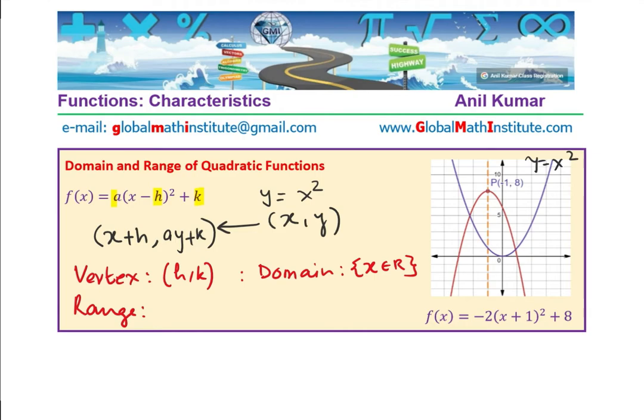So, if a is greater than 0, meaning positive, in that case the y values will be greater than or equal to k, since the parabola opens upwards in this case, right?